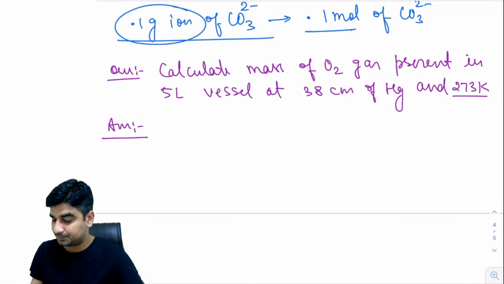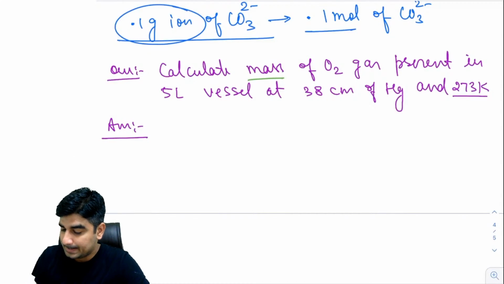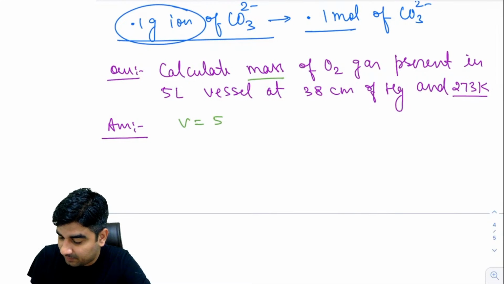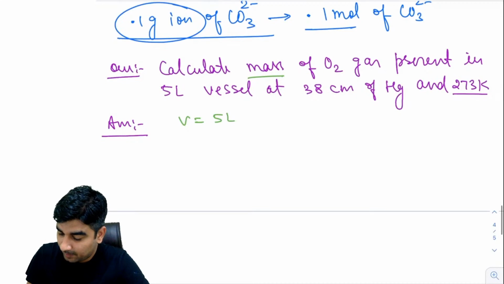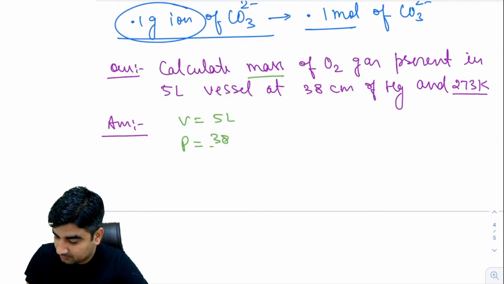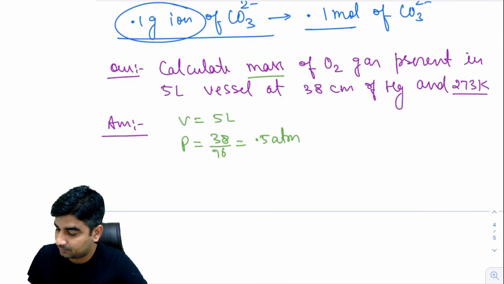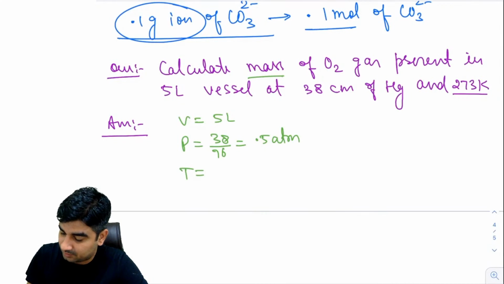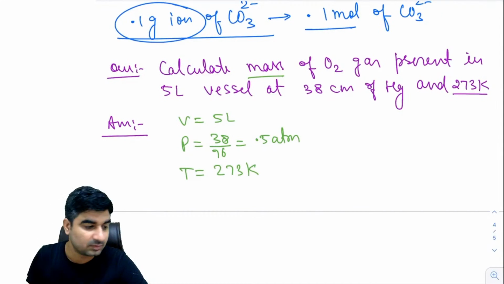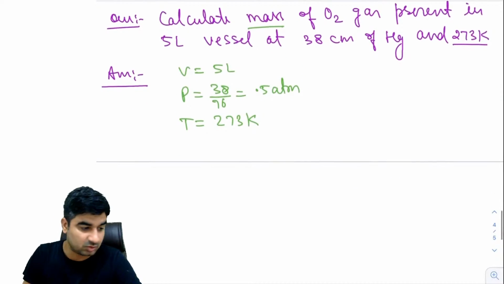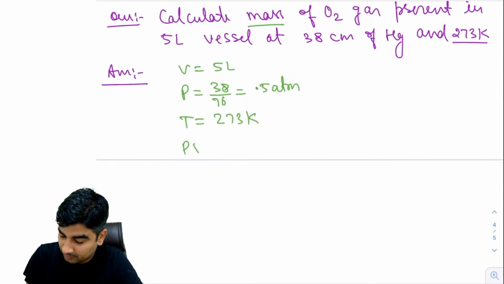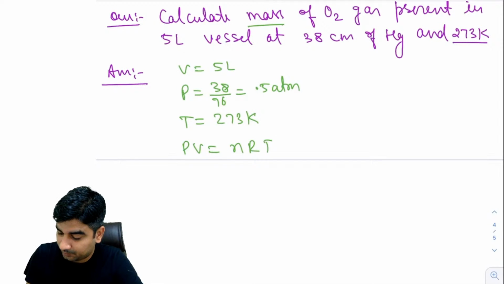So what will I do? You need the mass of O2. Now the volume of gas is 5 liter, pressure is 0.5 atm and temperature is 273 Kelvin. So now I'm going to use PV is equal to nRT.